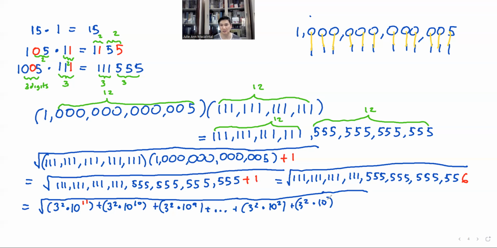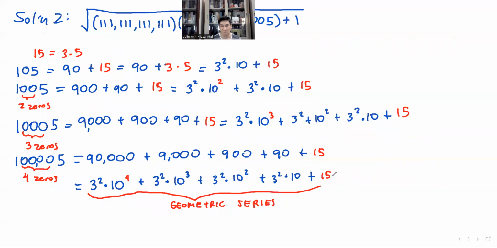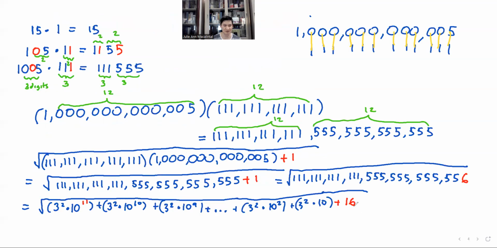But for our last addend, it will be 15 plus 1, right? 15 plus 1 will be 16. Here, this one, the 15, you will add the plus 1. So it will be 16.